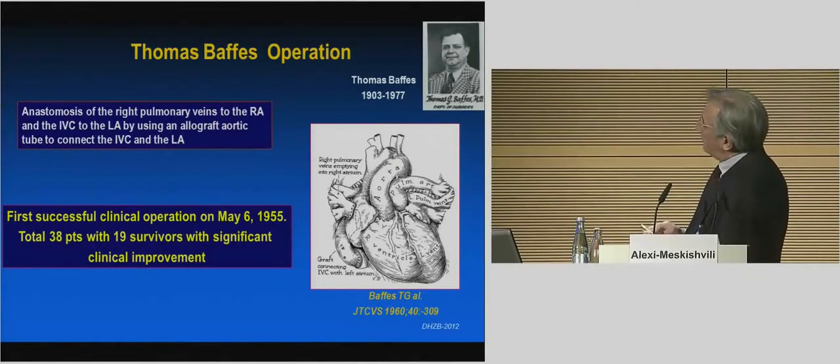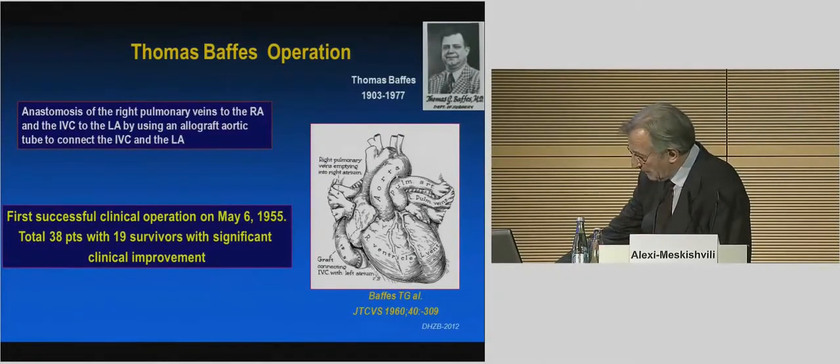He performed altogether, and published in 1955 and in 1960, this paper. He had done 38 operations with 90% survival and with significant clinical improvement. It's interesting that many of these patients later on underwent a successful atrial switch operation.